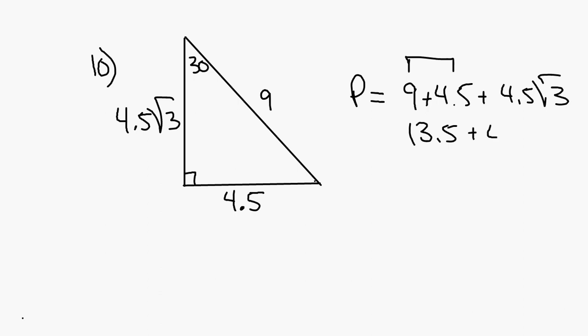And then you can type this, or you can do this work in your calculator. So 13.5 plus 4.5 times radical 3 is 21.3, the perimeter of that triangle.